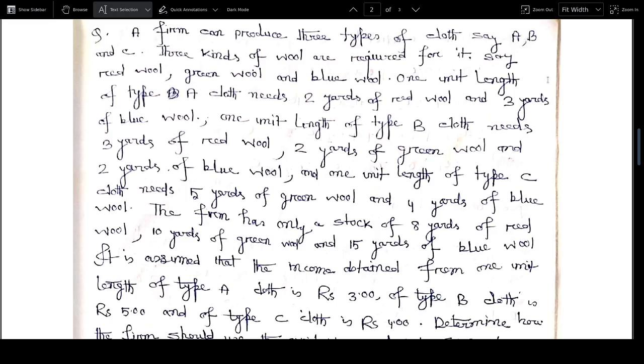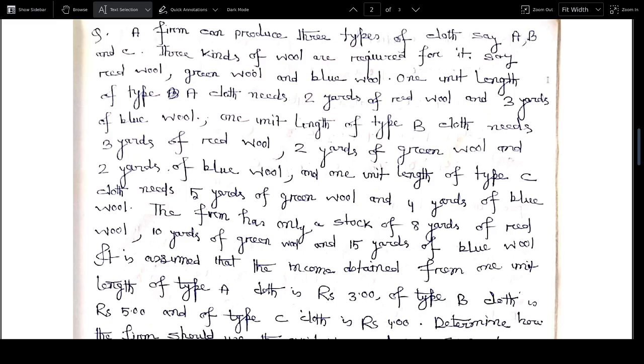So here you see the kinds of wool are red, green, and blue, right? And the types of cloth are A, B, C. So for type A, for unit length, red wool required is 2, green wool is absent, 0, and blue wool will be 3.